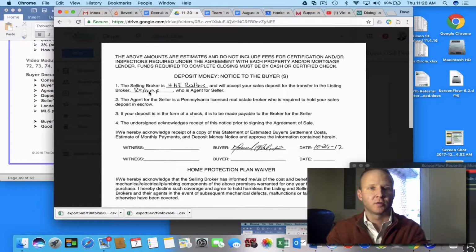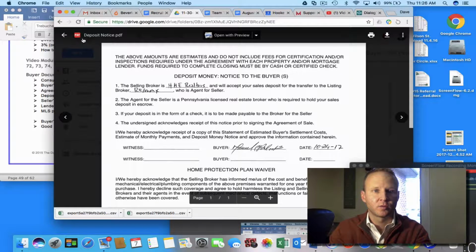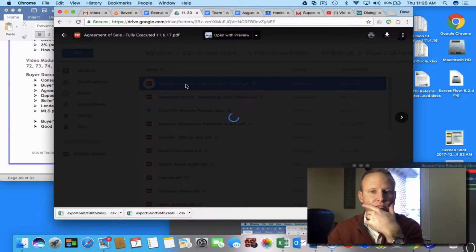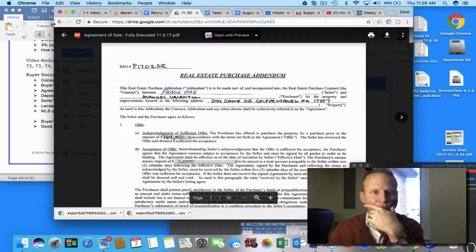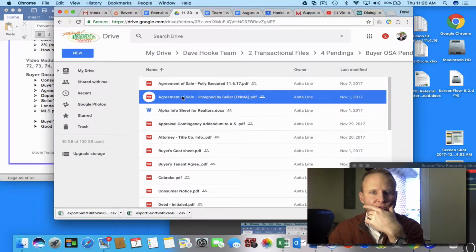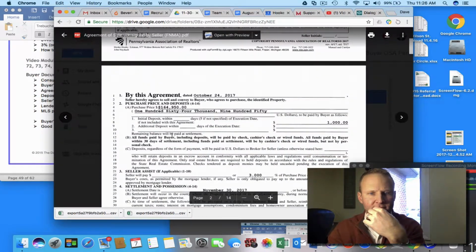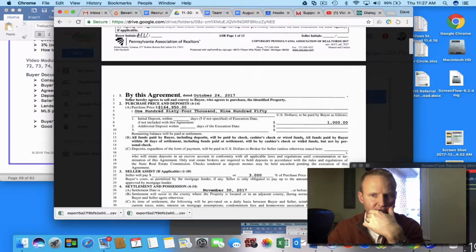And just back to when you look at the agreement of sale. Right here it says deposit $1,000, all funds paid by buyer, including deposit. Here we go.